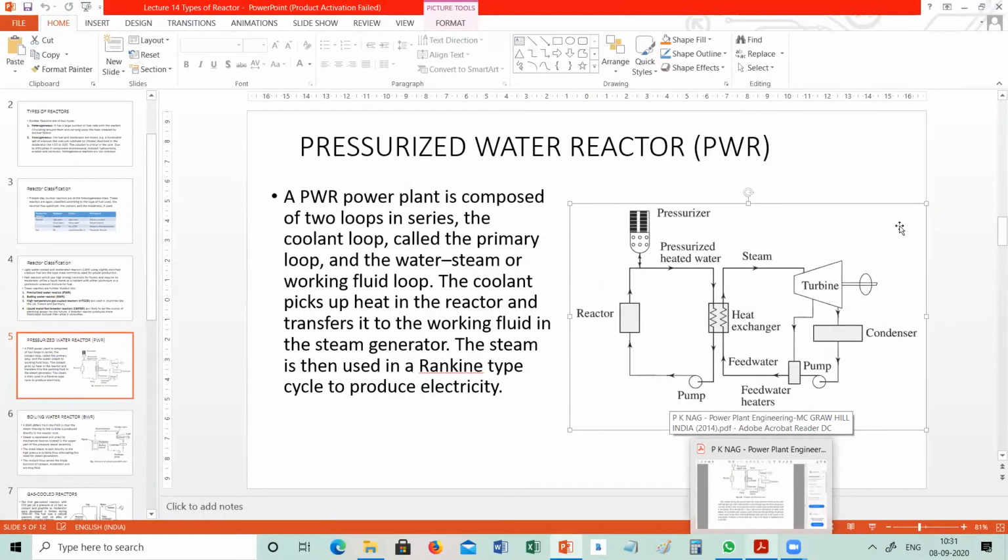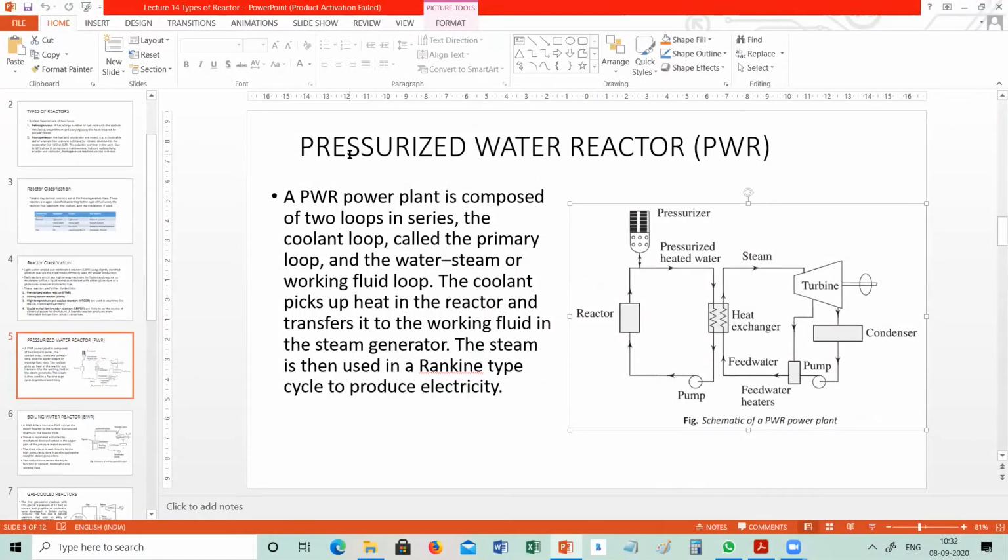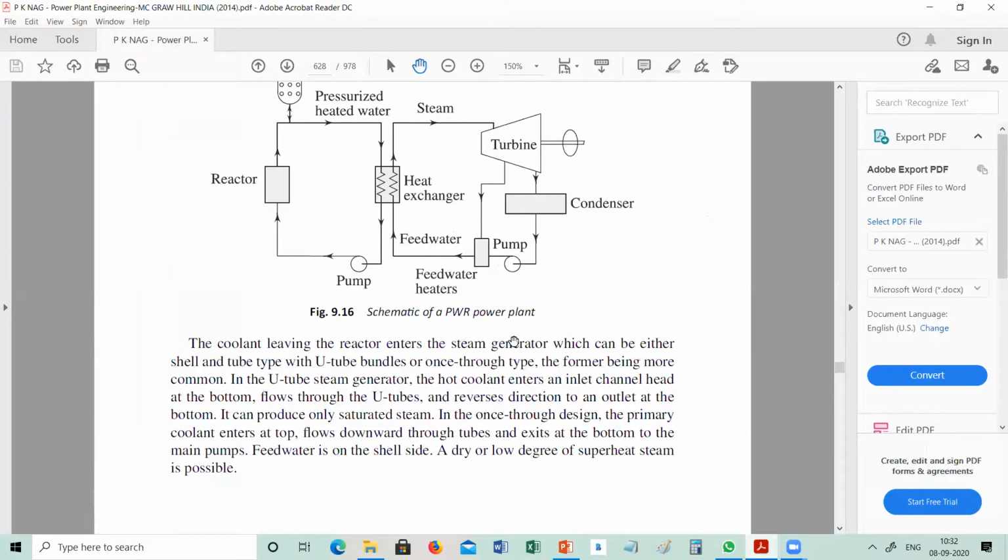In the last lecture, we studied the working of the pressurized water reactor, that is PWR. In that, I forgot to mention one thing: the inlet and outlet of the steam in the turbine will have two types in case of PWR.